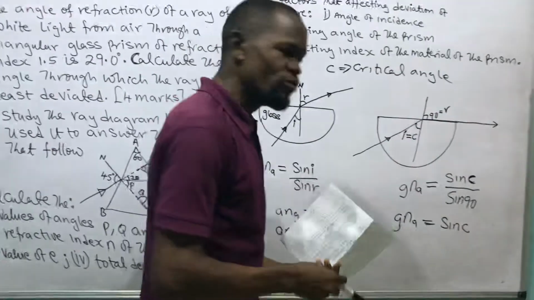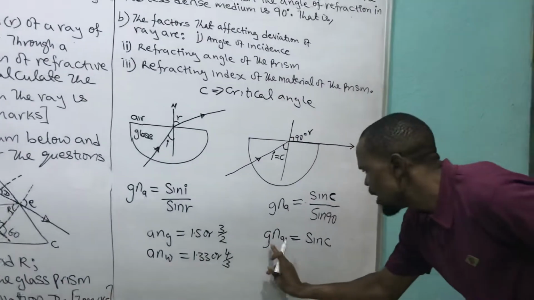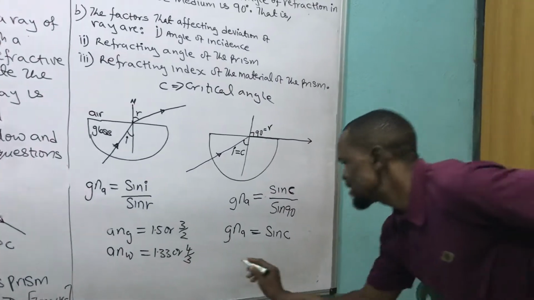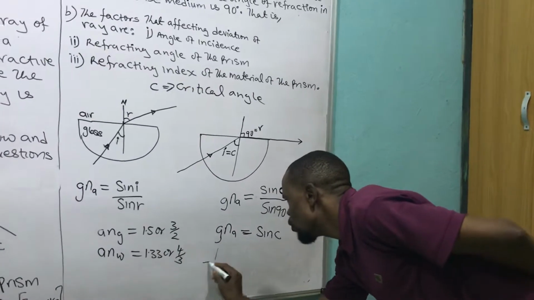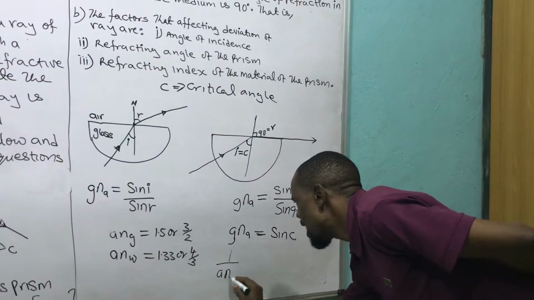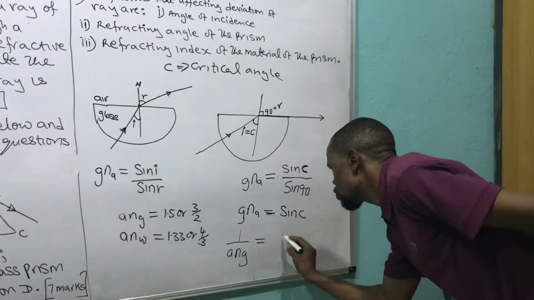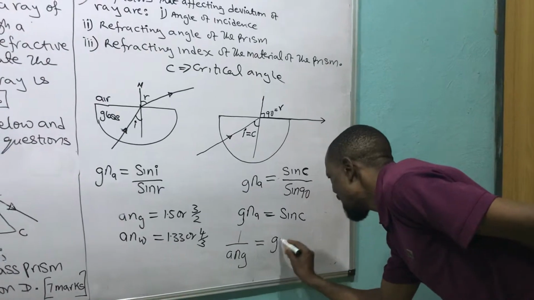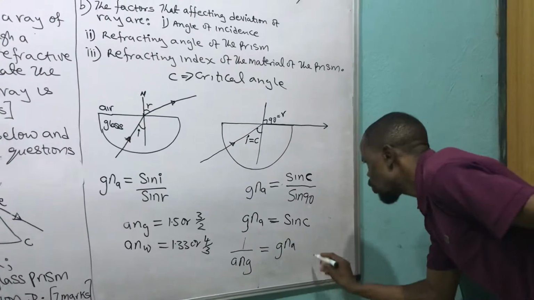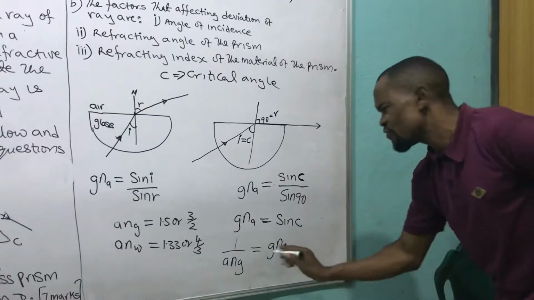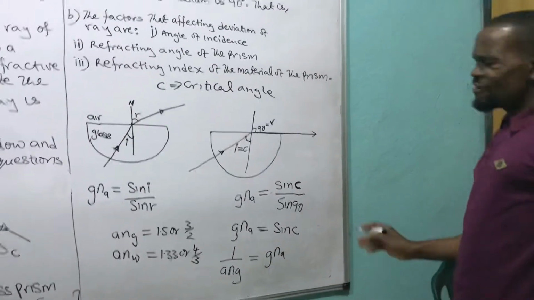Then now let's move to this place. Do I know this one? No. But I know that 1 over air to glass is equal to glass to air. And this is what we call reversibility of light.